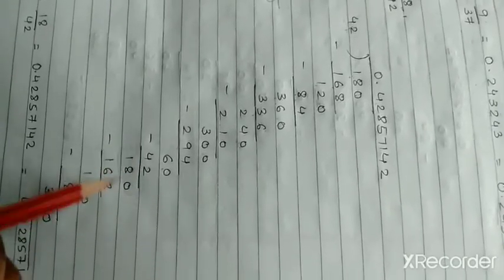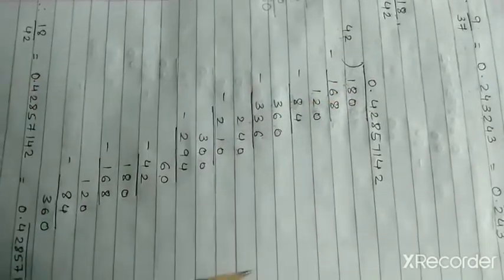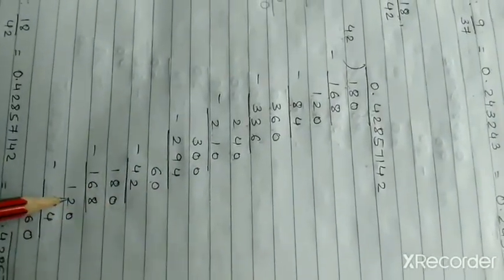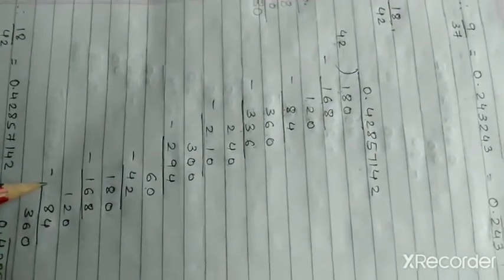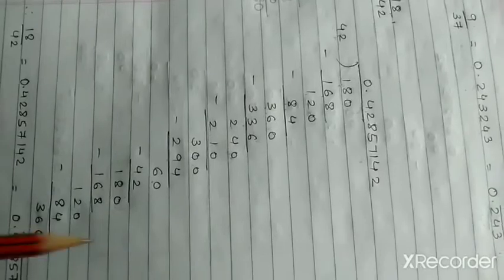You all can see this 180 is the same as we got in our question. So again all the divisions will be the same. 42 4s is 168, on subtraction we get 12. Adding a 0, 42 2s is 84, we get 36, this becomes 360, and all of these steps will keep on repeating.